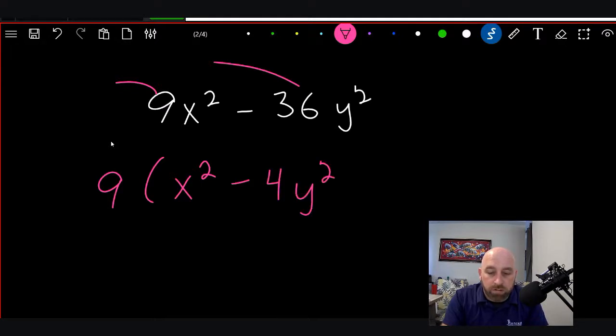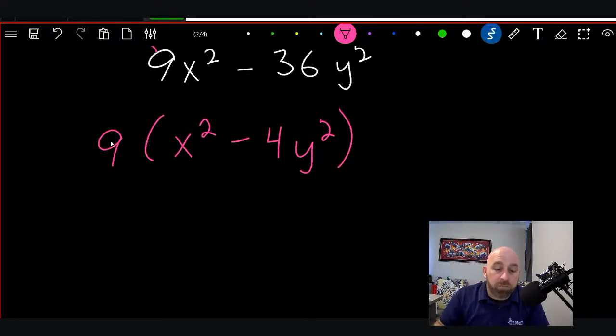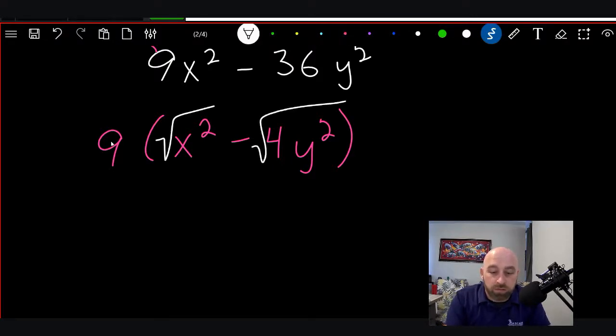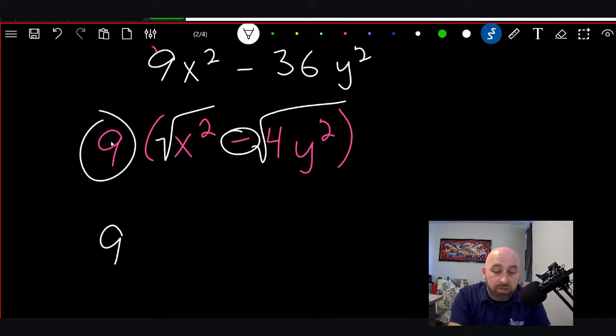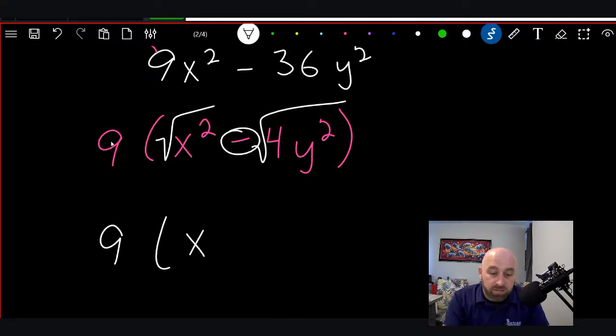Now, we're not done yet. Why not? Because we actually have perfect squares right here. Look at those perfect squares. So if we square root, and it's a difference, notice that we have the difference of two squares. So we have our 9 outside still because that was our common factor. We factored that out. And now we have x because we factored this.